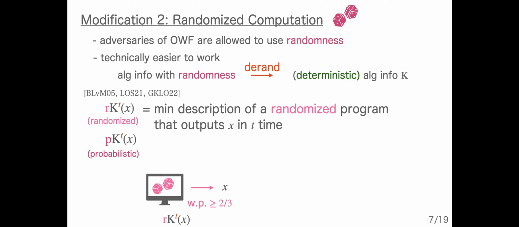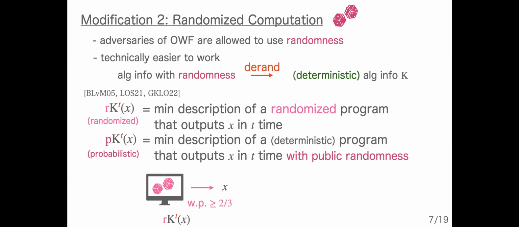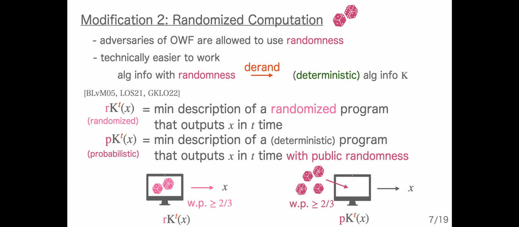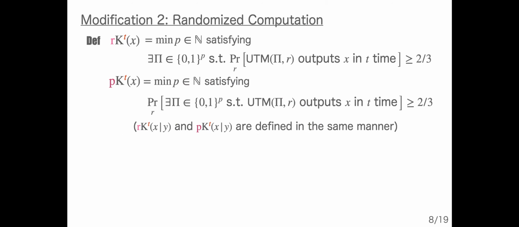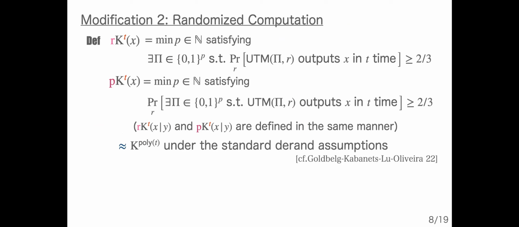PK is intuitively the minimum program size that outputs x given some public common random string, where we first select randomness, and then, depending on this public randomness, construct a program producing x. Therefore, the difference between RK and PK is the order of programs and randomness, as in the difference between MA and AM. But under the standard derandomization assumption, they coincide with the deterministic Kolmogorov complexity with a small overhead.